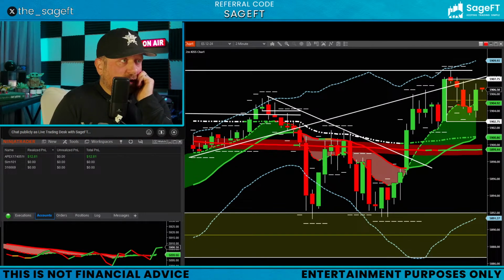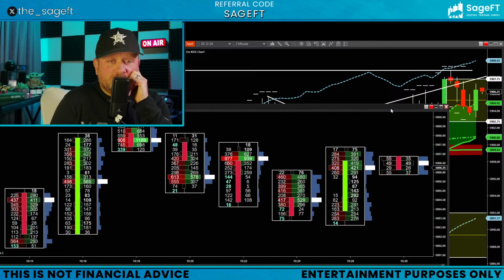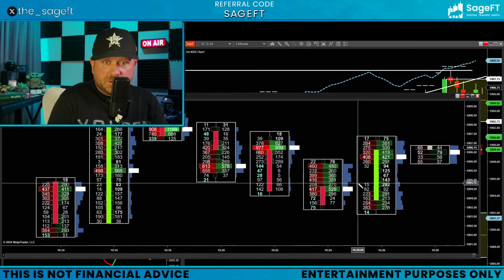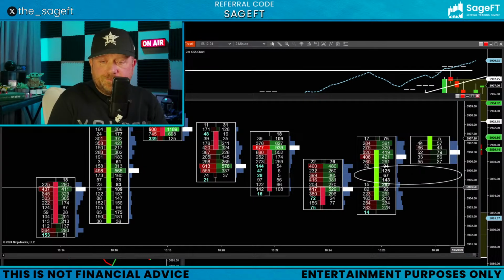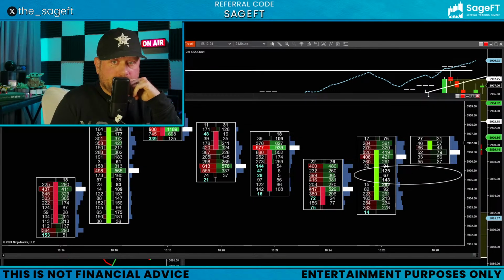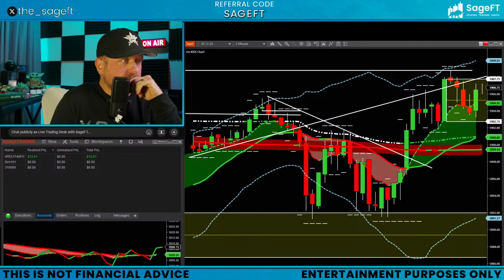Gap retain at 05s. If you're looking at the tape, here comes the gap fill. We call this a flat tire. Bullish if they can't fill it. Bullish if they print to 05 and then run it upwards.